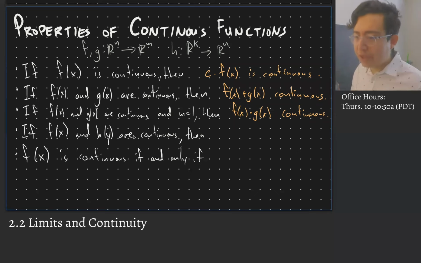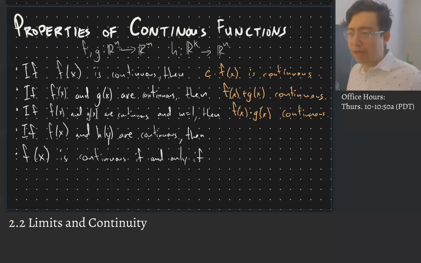Now this one is new. This one didn't come from limits because we didn't really have it before. But here we can see that f goes from R^n to R^m, and h goes from R^k to R^n, right? So if we plug something into h, it gives us something in R^n, and then we can plug that into f and see what happens.